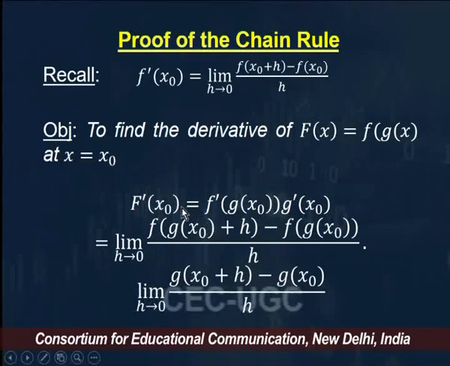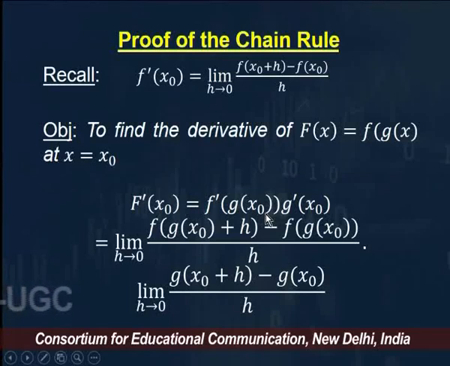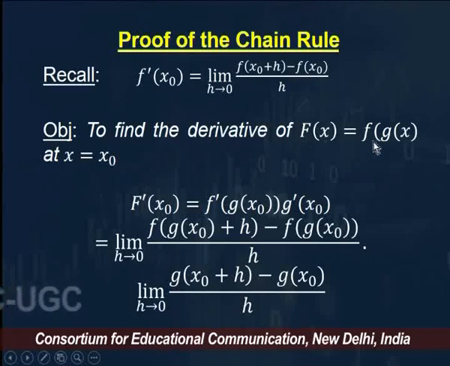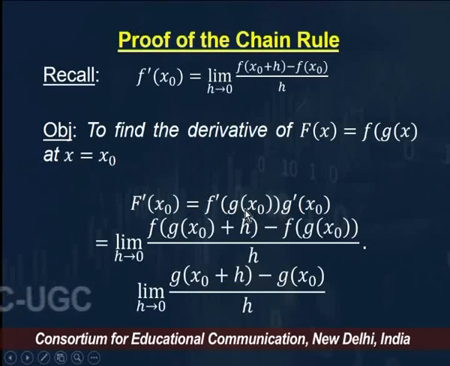If I bring in the limit definitions again, on this slide I've actually given you the result, so that you get a sense of what you have to prove. Our function is f of g of x, which is capital F of x, and we have to prove that F prime at x naught is small f prime of g of x naught times g prime of x naught.